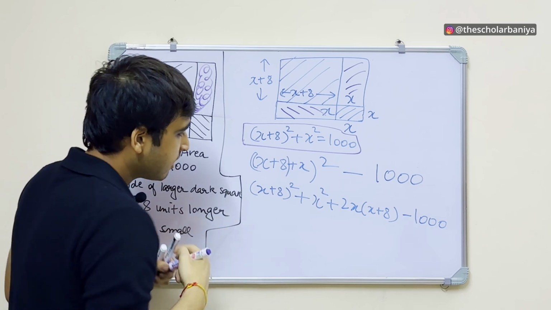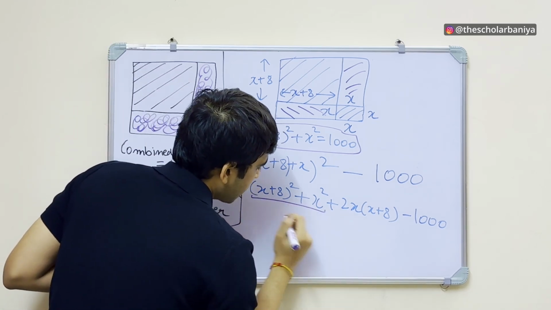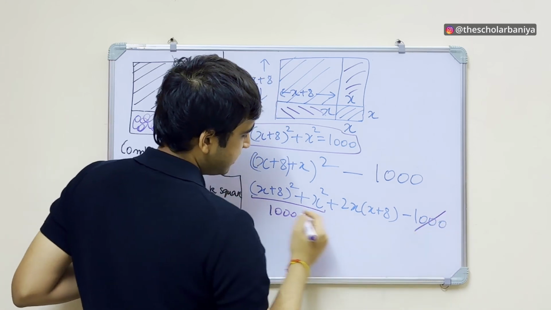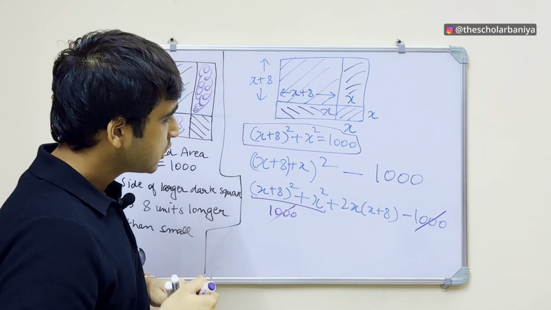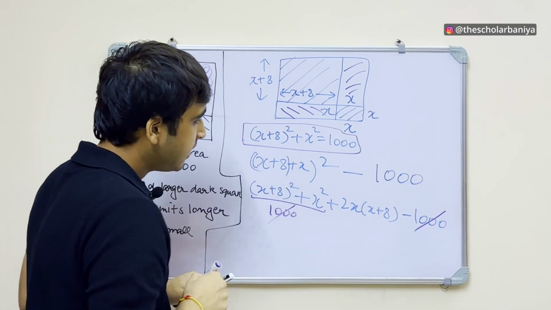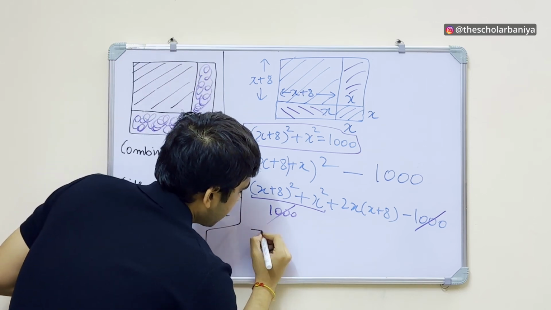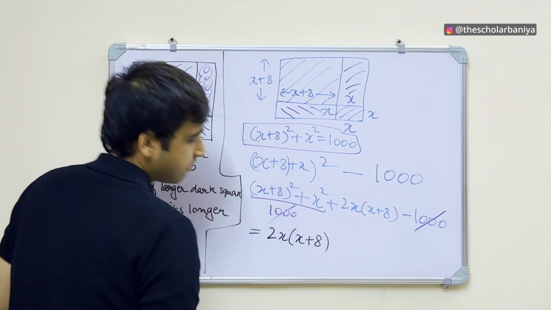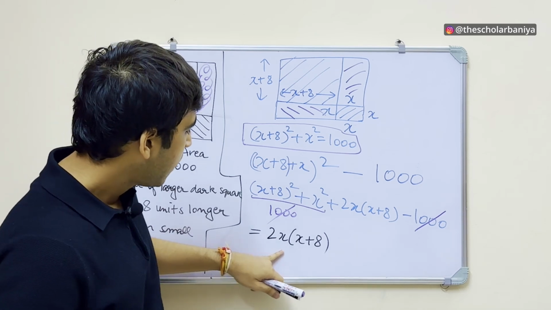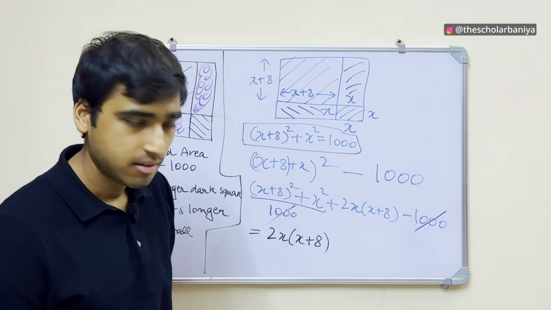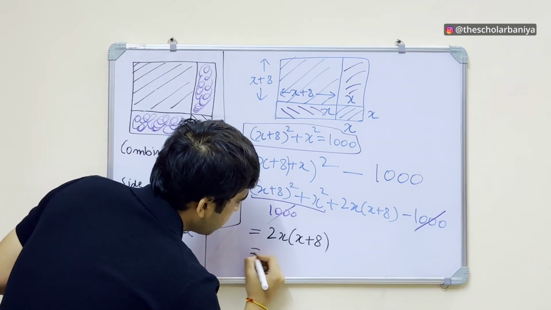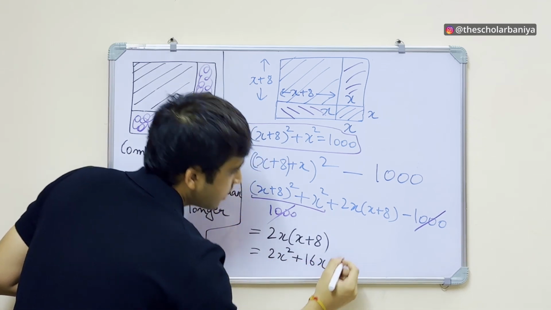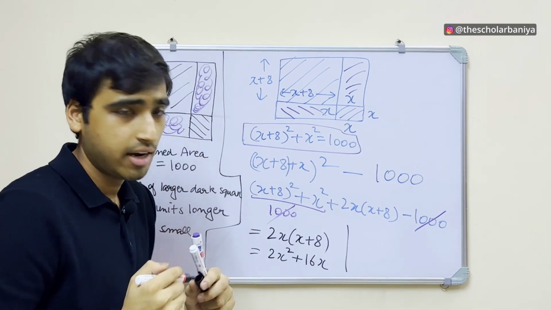So 1000 minus 1000 gets cancelled. We are left with 2x times (x plus 8), which is 2x square plus 16x. So this is the answer that we have got.